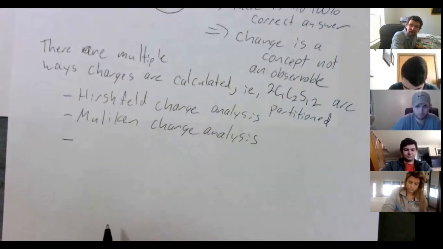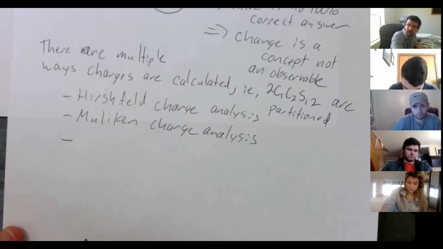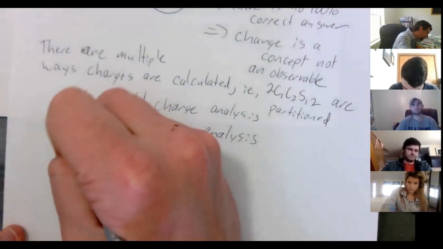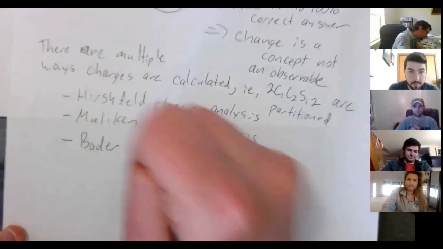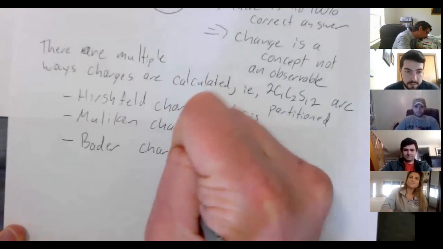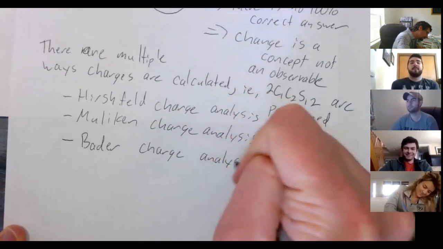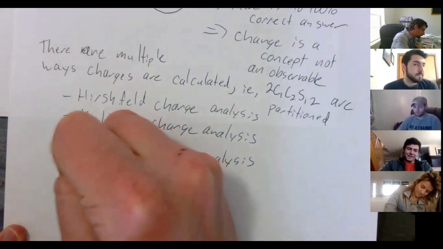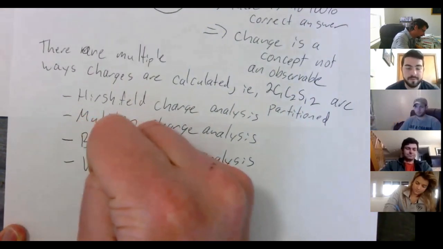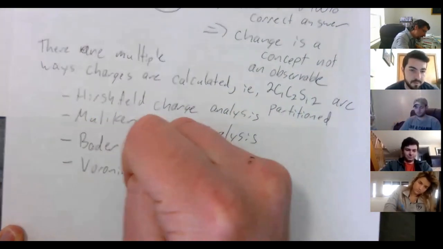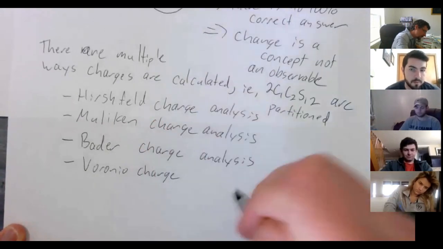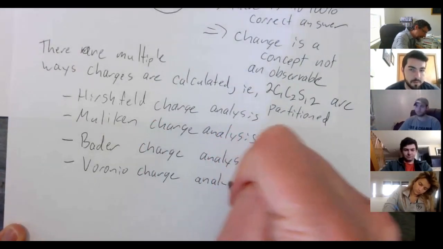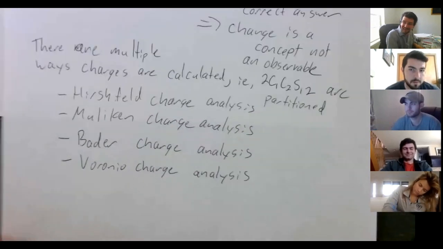Does anybody know any other types of charge analyses? Bader. Yep, Bader's a big one. There's also Voronoi. Bader tends to be considered the best, which I hate because the guy is totally pompous about it.